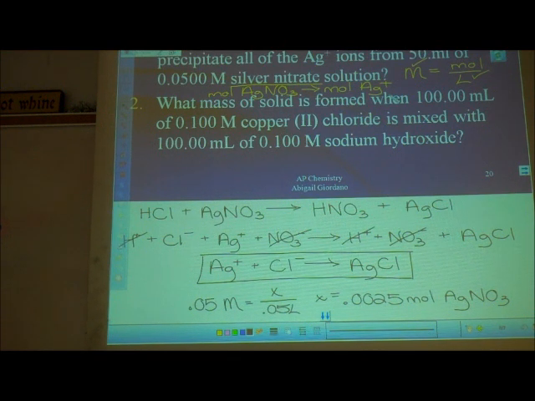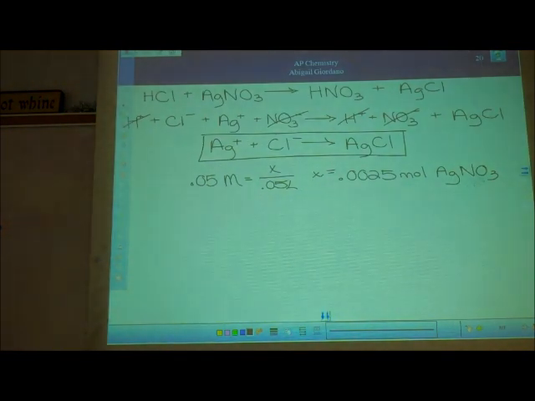Now let's go back and think about what we were thinking about a minute ago. AgNO3 is not in my net ionic equation. But silver ion is, and I can turn this into moles of what's in my equation, moles of Ag plus. We did a little bit of this in chapter 3.